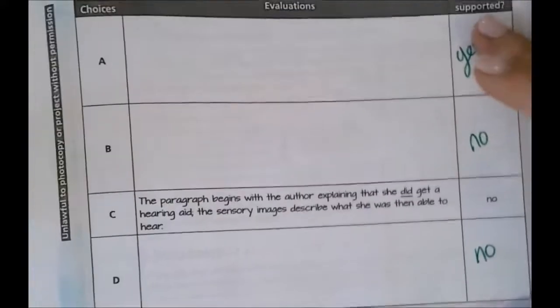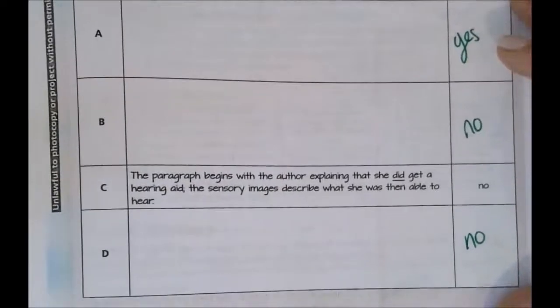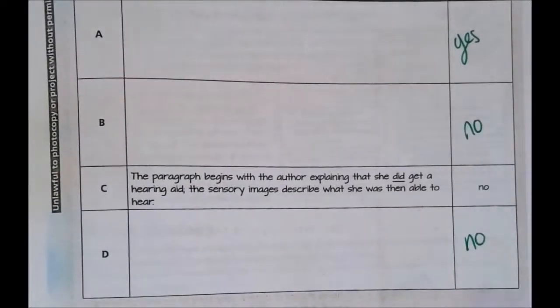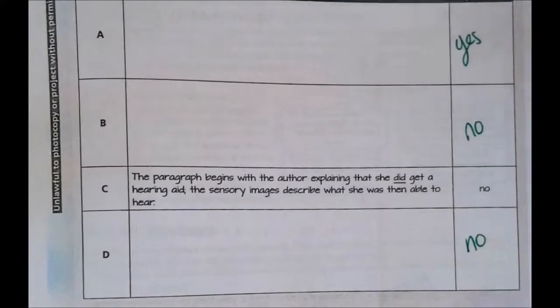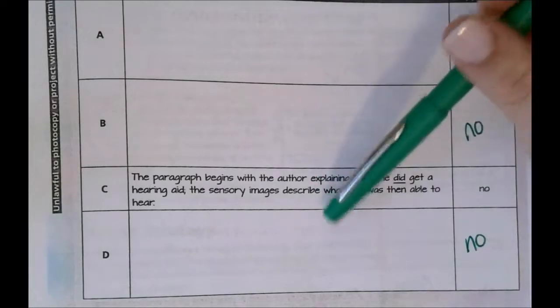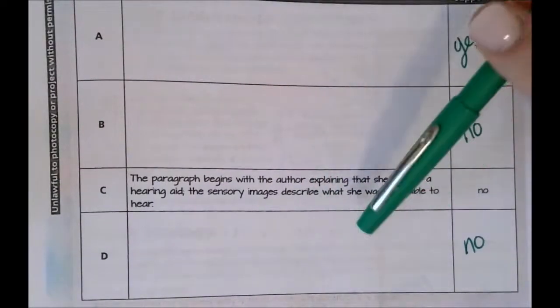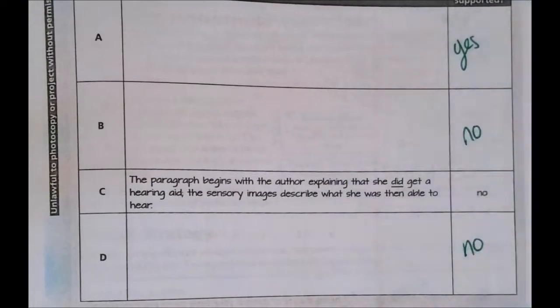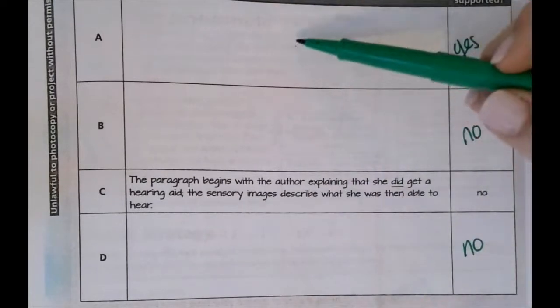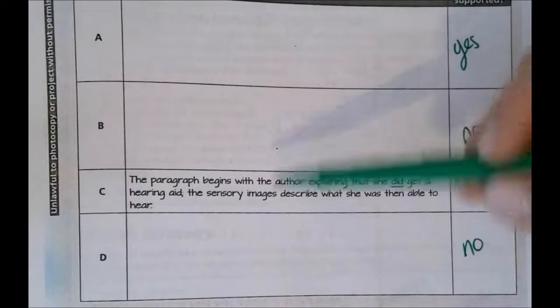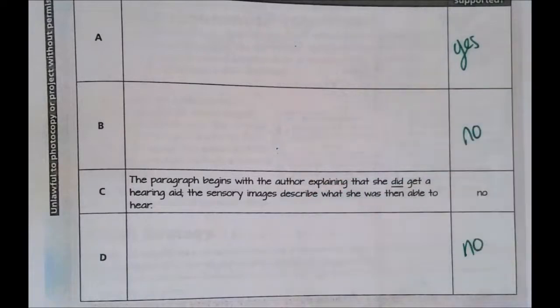So what I want you to do before you do your reflection is think about, what did we have to do to get to answer A, and then write it down. What did you have to do to get to answer B, and then write it down. And what did you have to do to get to answer D, and write it down. So you're basically telling me why is A correct, why is B incorrect, and why is D incorrect. Once you have done that, then go on and fill out your reflection for this video. Good luck!